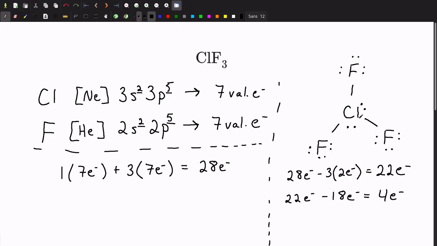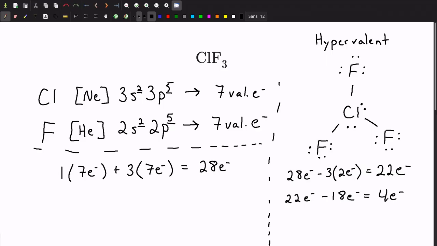And I mean, that's too many, right? So this is what we would consider a hypervalent compound. The chlorine is being forced to have a valence higher than 8 in this scenario. And if we pay attention, what really happened here?